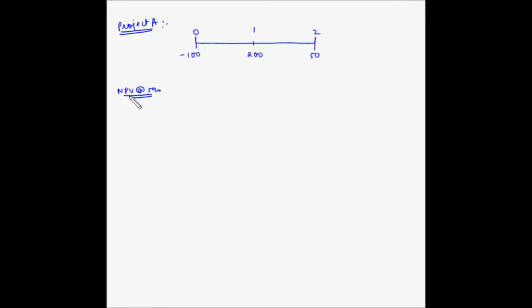Now what is NPV? So as we have seen in the previous videos, NPV is net present value. So it has present value and then net. So the present value says that we have to find the present value of all the cash flows, whether it is outflow or inflow.